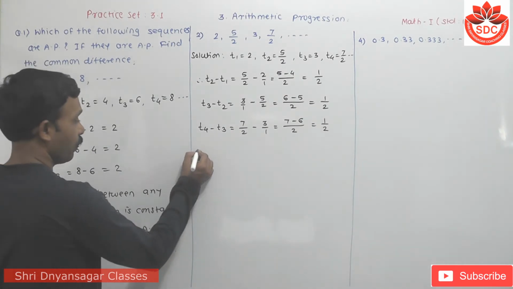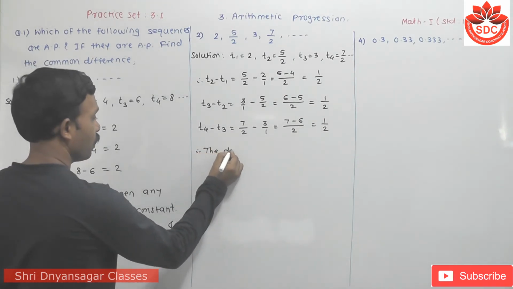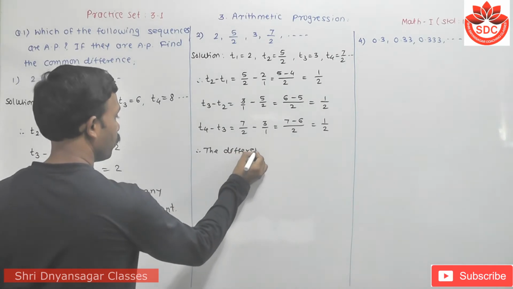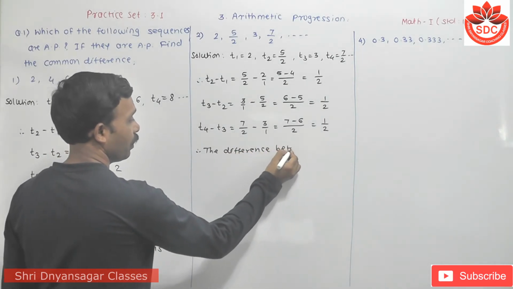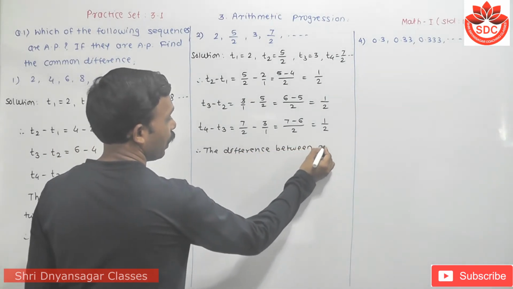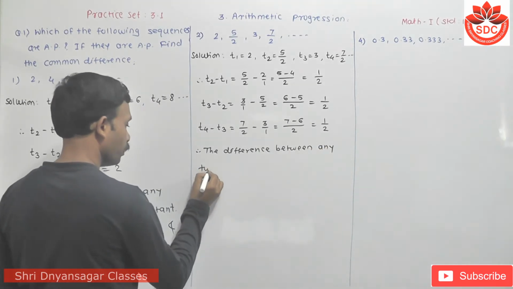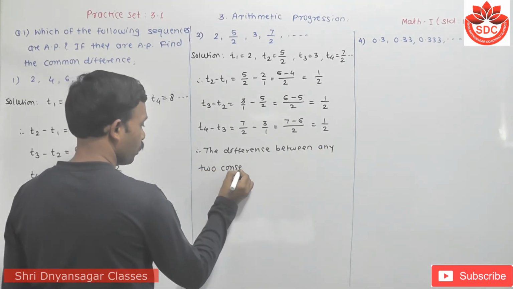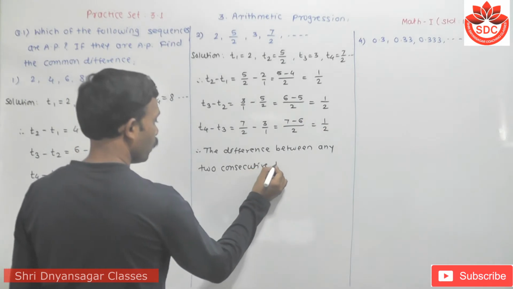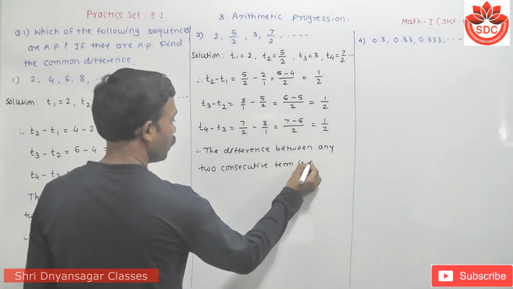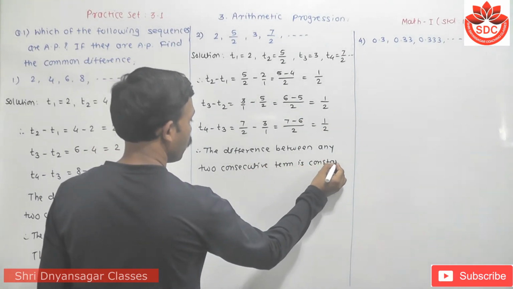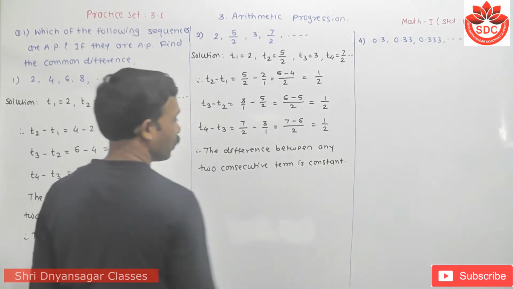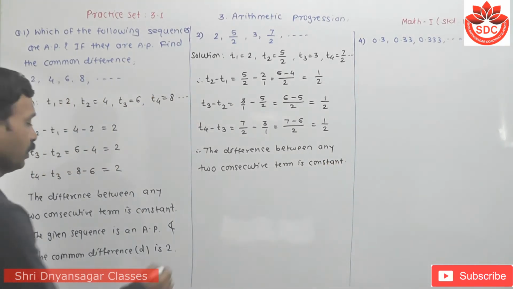So we write here: therefore the difference between any two consecutive terms is constant.